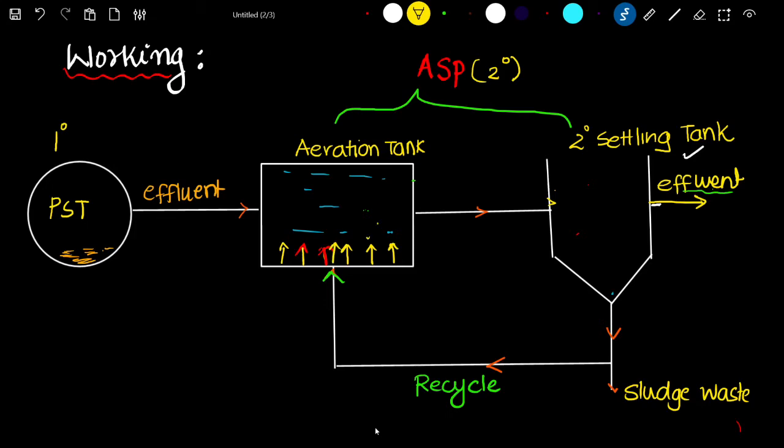So what is happening in an aeration tank? Compressed air will be circulated in the aeration tank. Here in the aeration tank, our wastewater, which contains organic matter, will be there, plus the wastewater will be containing the microbes or the bacteria, and then we are supplying oxygen also. This bacteria will utilize the oxygen to bring about the complete reactions or decomposition of the wastewater.